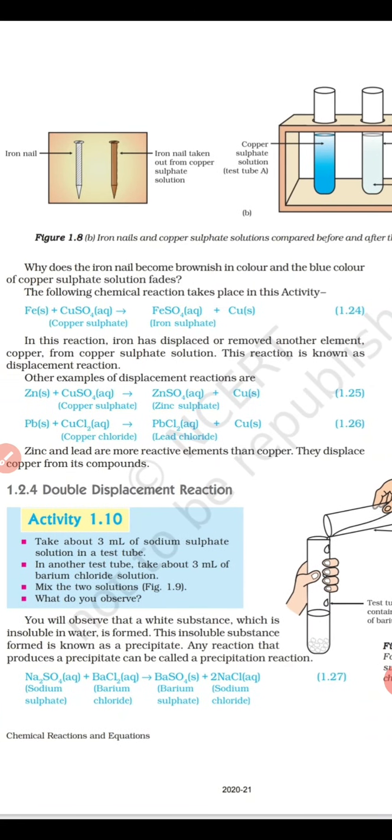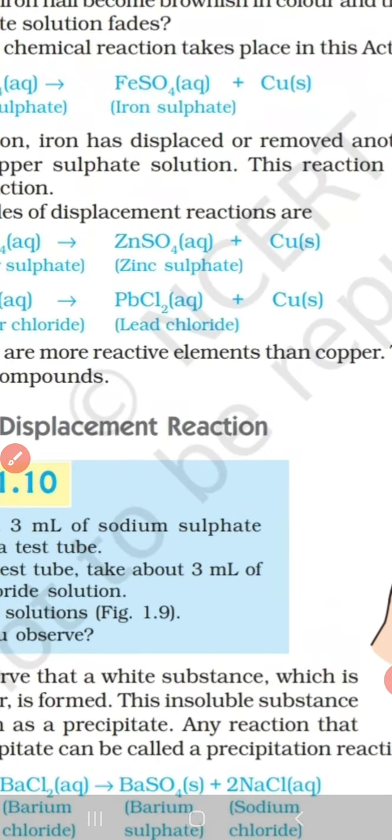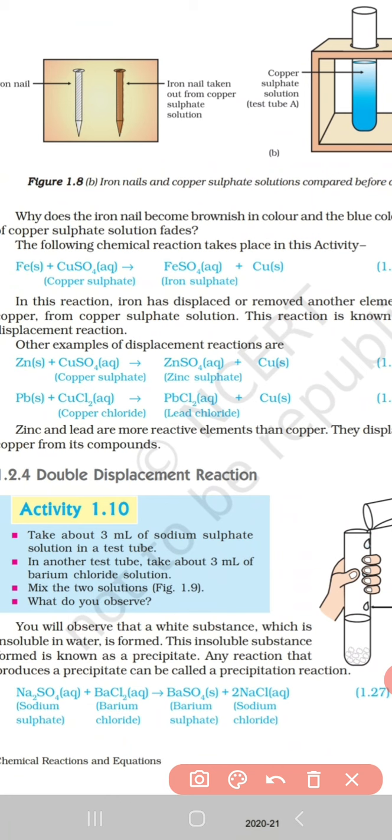So let's look at this activity. Take 3 ml of sodium sulfate, that is Na2SO4, in a test tube.